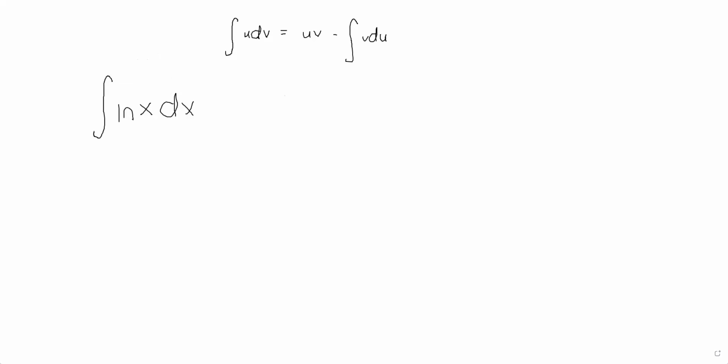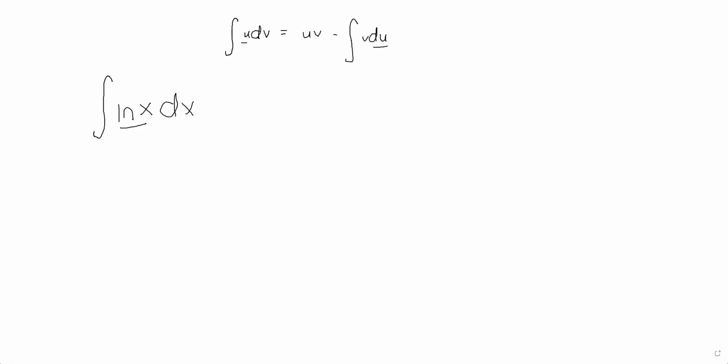I believe dv is the term that gets simpler the more you differentiate it, and then whatever else is left is your u. Actually, we want u to be simpler when we take the derivative.